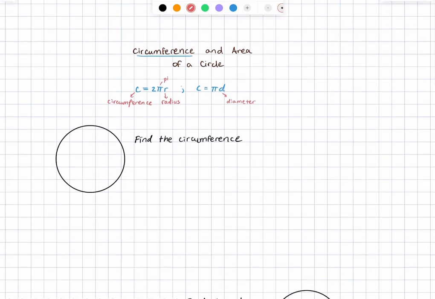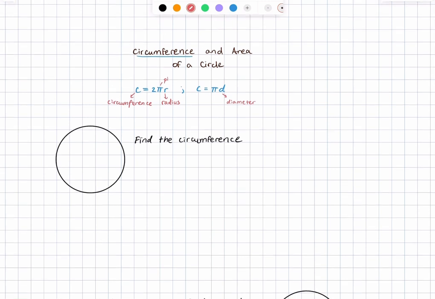So we have an example here. Find the circumference. Let's say we're given the radius, and the radius of this circle was 4. So we're trying to find this outer length, this black line.